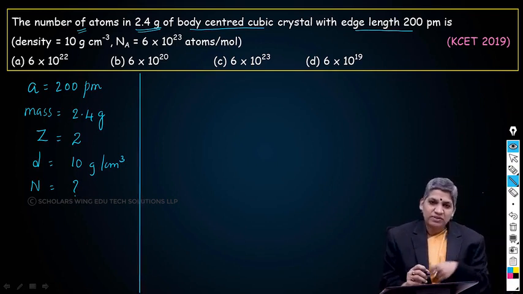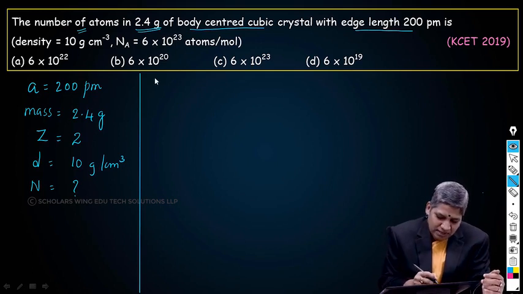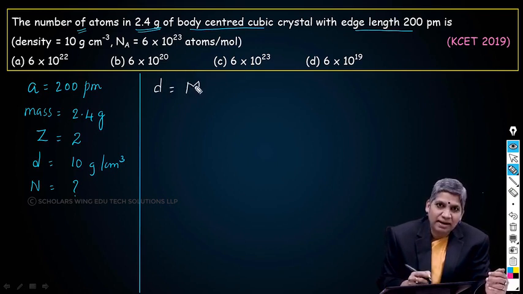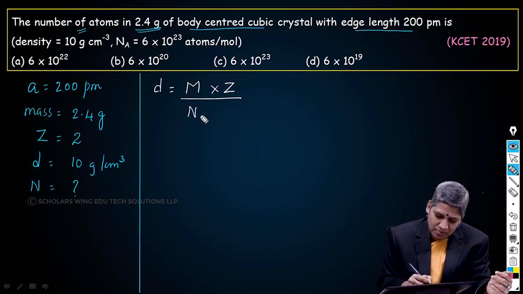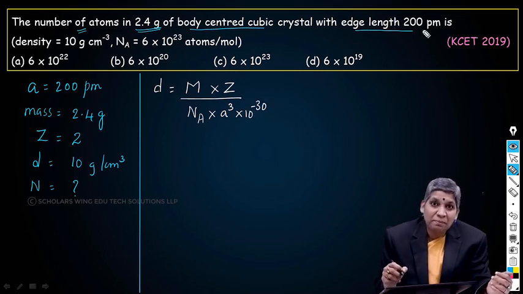First of all, what is the formula? You remember for density? D is equal to molar mass or gram molecular mass, into Z divided by Avogadro number into A cube into 10 power minus 30, because A is given in picometer.